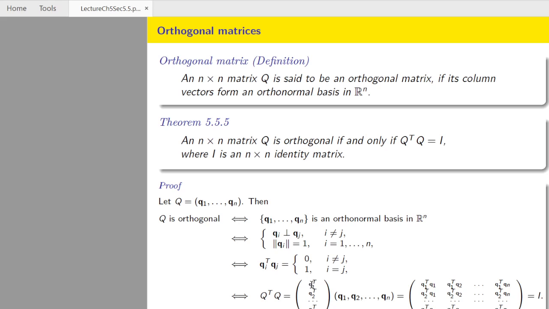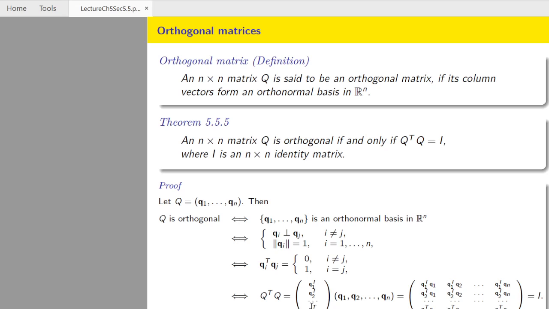The first column of Q becomes the first row of Q transpose, which is Q1 transpose. This is the first row for Q transpose, the second row for Q transpose, and this is the last row for Q transpose. And this part is the matrix Q. We made this assumption in the beginning of the proof.